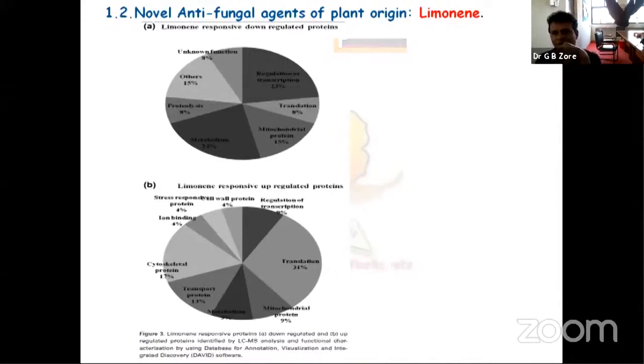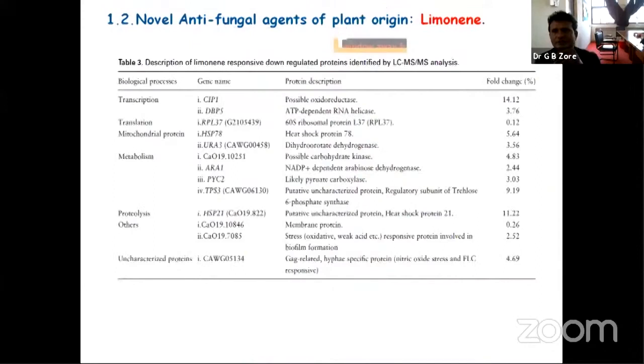So these proteins were modulated in response to limonene, and to support that data, we did some cell cycle assay, some microscopic assay, and we found that limonene is inducing apoptosis in Candida albicans.